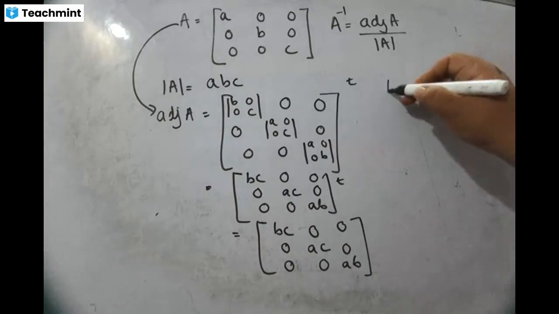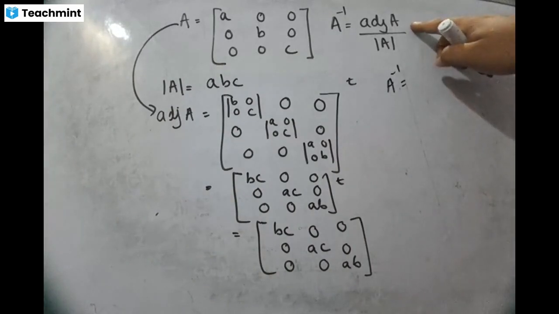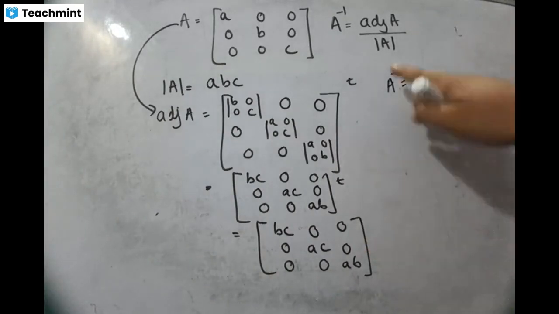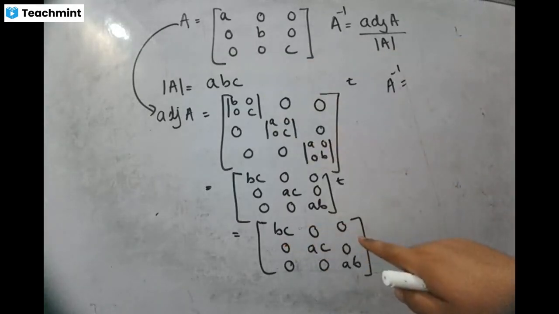Now it's time to find out A inverse. So what is A inverse, everyone? A inverse is the adjoint, which we already found out, divided by the determinant. The determinant is ABC. So divide each and every element by ABC.